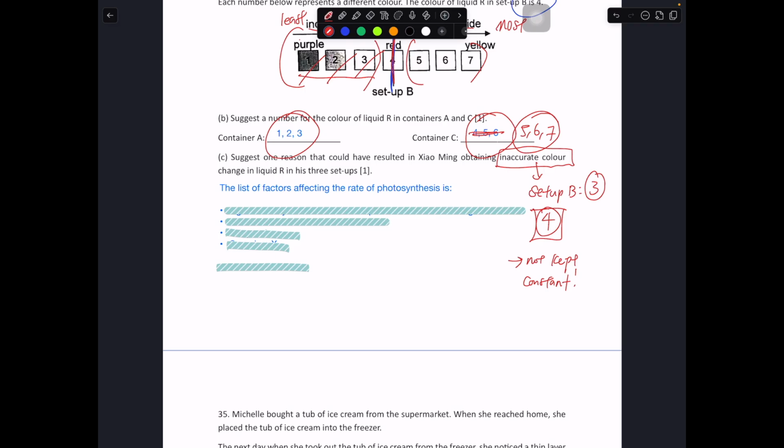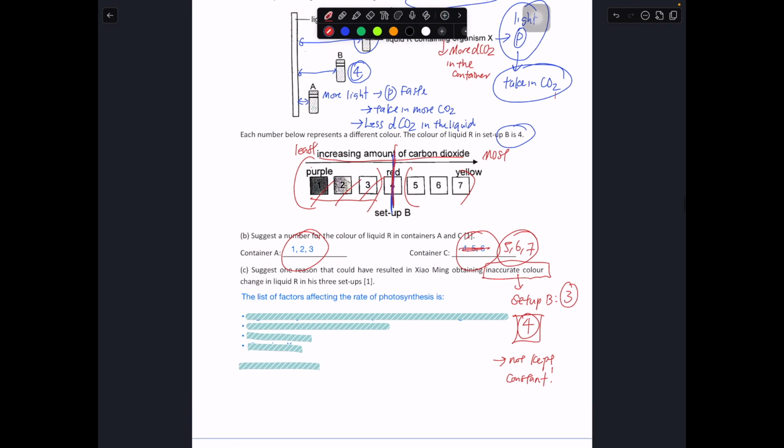So think about it. If we go back to the idea, this is about photosynthesis. So there must be something that could have changed, that could have affected the rate of photosynthesis, such that the person measuring the carbon dioxide does not get the actual accurate value. So you can think about factors affecting rate of photosynthesis.